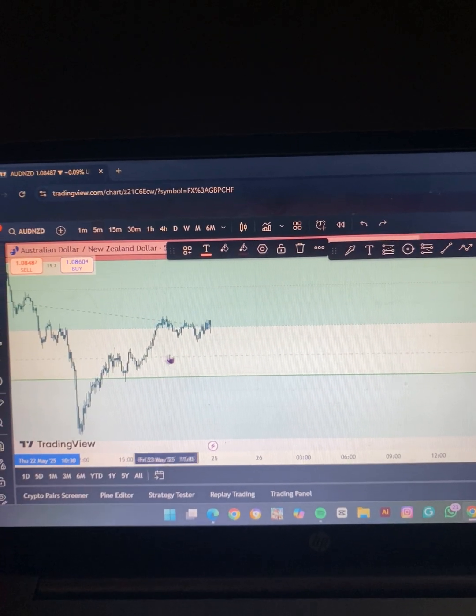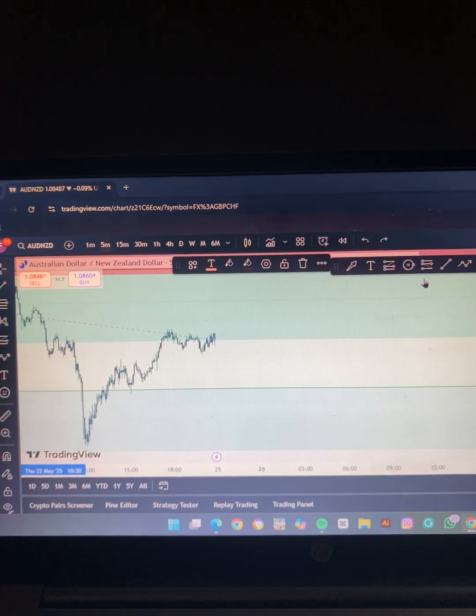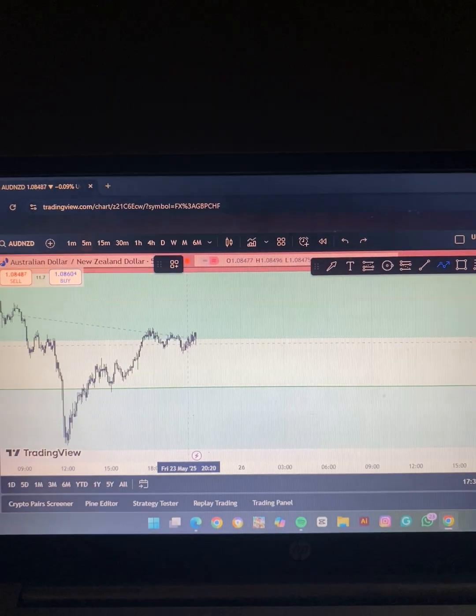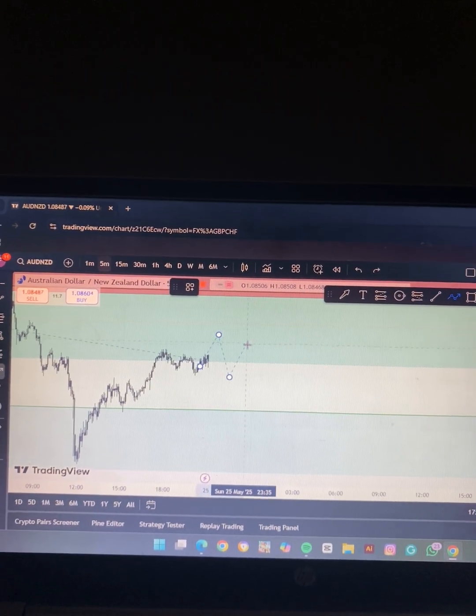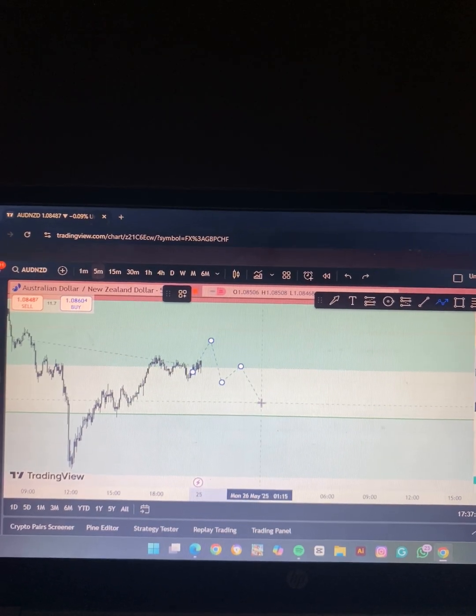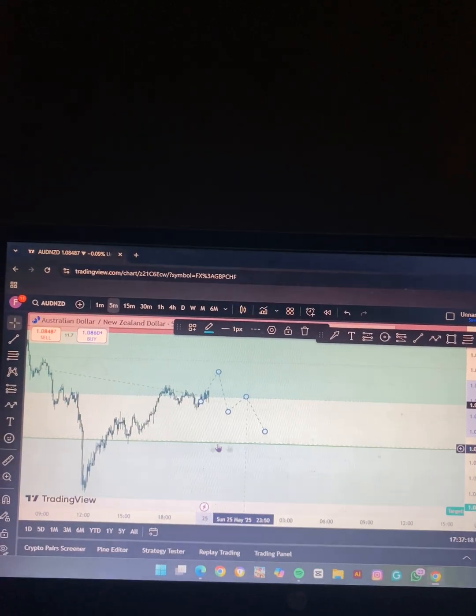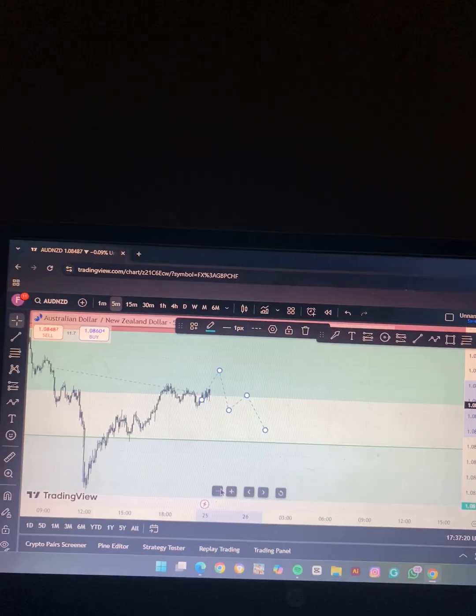If it goes up again and then breaks this one, then that will be better for re-entering. But I don't think I'm entering again on this one.